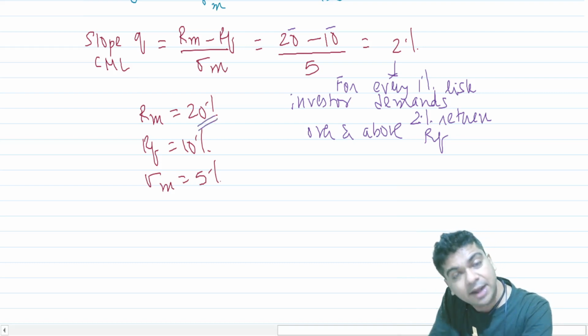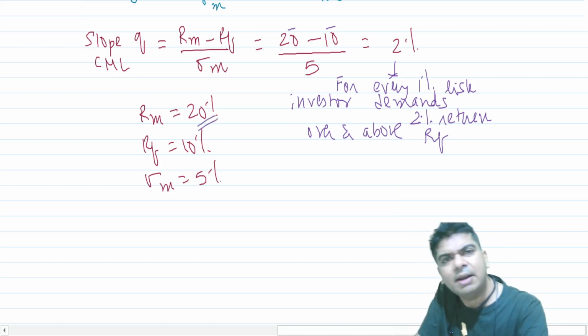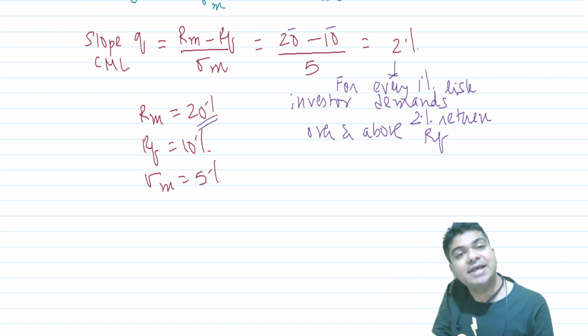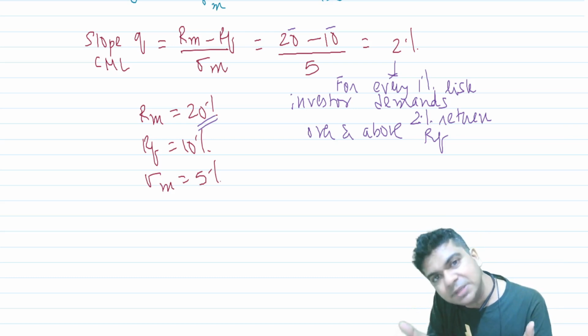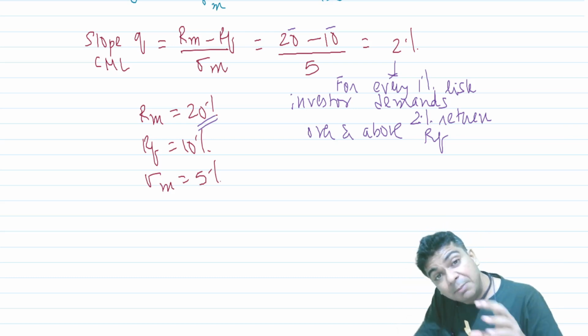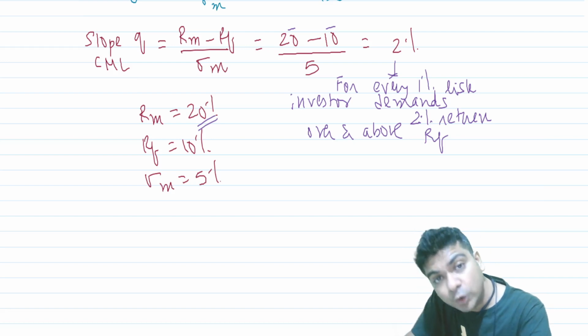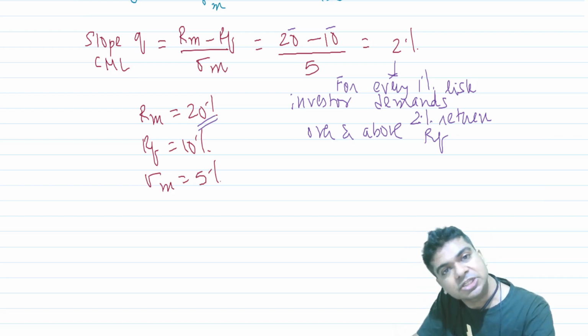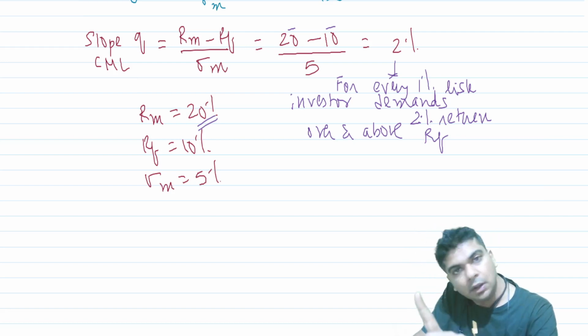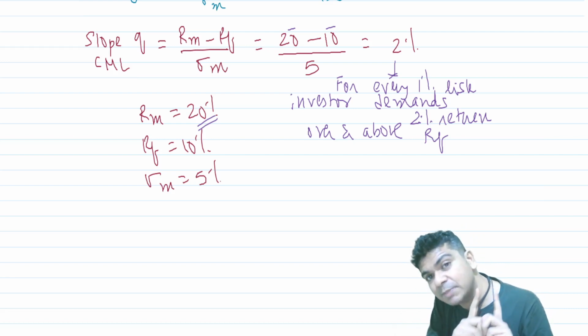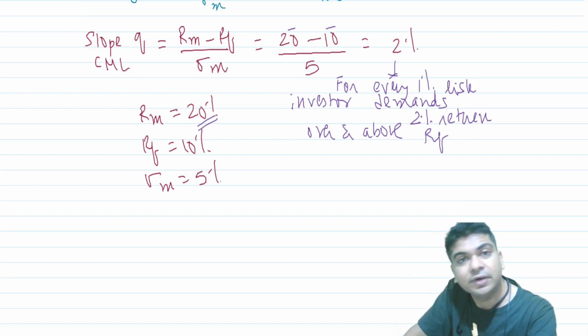Understand this. RM is 20%, and there's nothing great about it. If I do not take any risk, I am in any case getting 10% return. But when I take risk and invest in the market portfolio, I get an additional 10%. You get it? My eyes are not on 20%. My eyes are on the additional return.